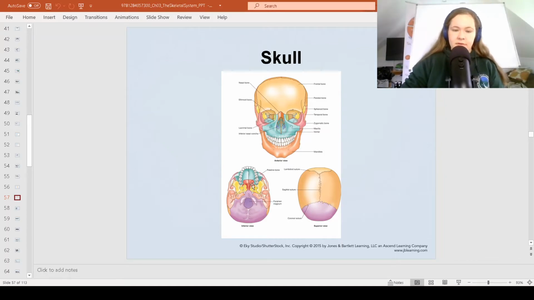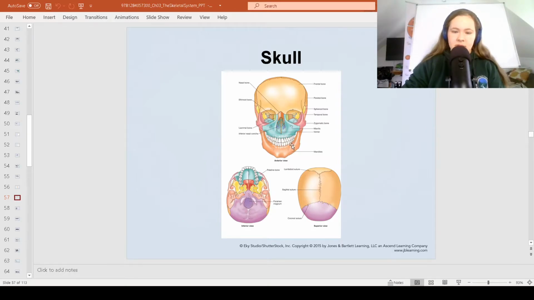This is the inferior view, so you can see the bottom layer of teeth, where the tongue would rest in a relaxed position, and where the spine would enter into what I call the head space.